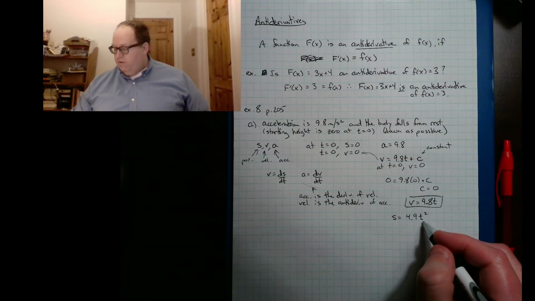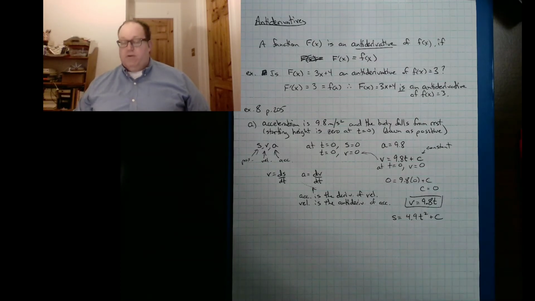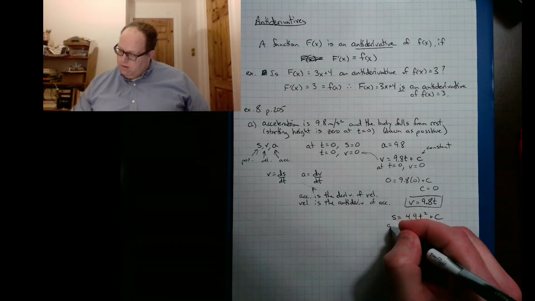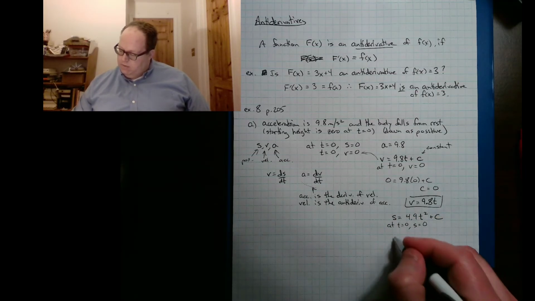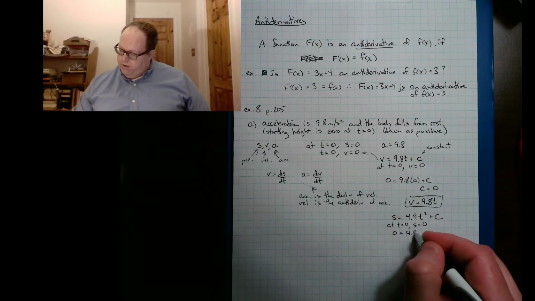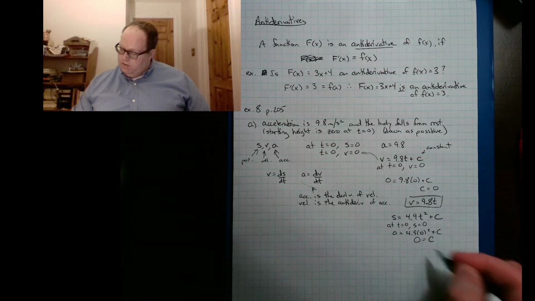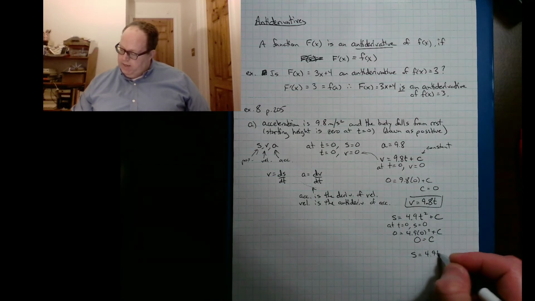So the derivative of 4.9t squared is 9.8t, but I could have some other constant tacked onto the end. And I know at t equals 0, s equals 0. So 0 equals 4.9 times 0 squared plus c. So c also equals 0 in this case, and s equals 4.9t squared.